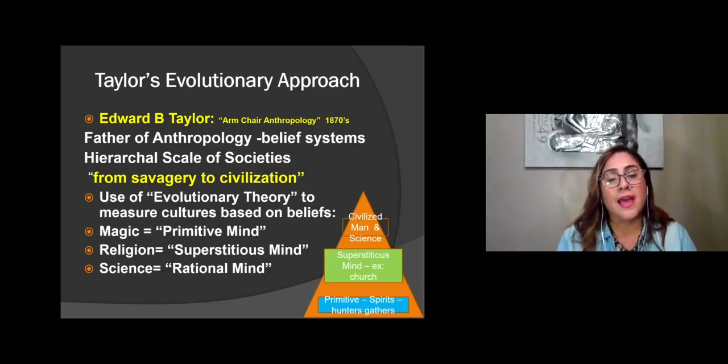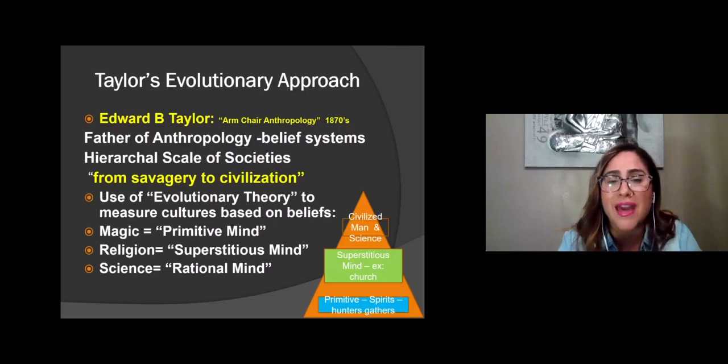All right, and then lastly, and this is what was going on at the time with this idea of science and justifying why things are the way they are, and why certain humans should be treated as superior to others, from humans to economic structures. Taylor presents civilized humans as those that believe in science, that use empirical methods, the scientific methods, to come to an understanding of how things work, to use mathematics.